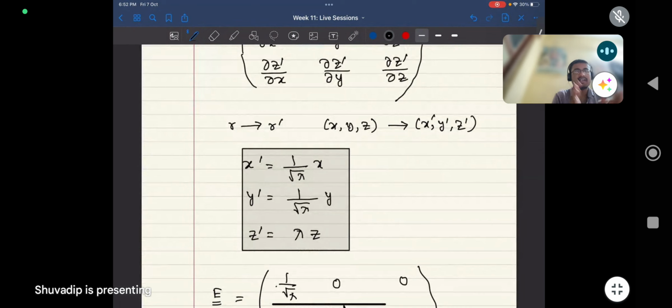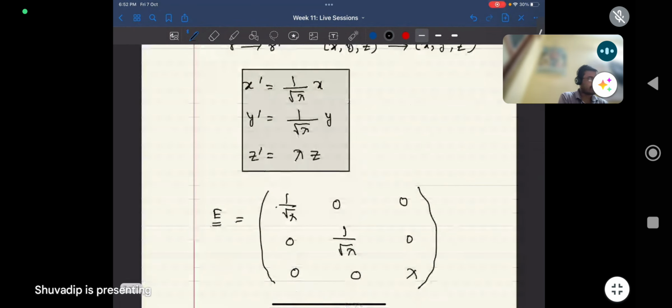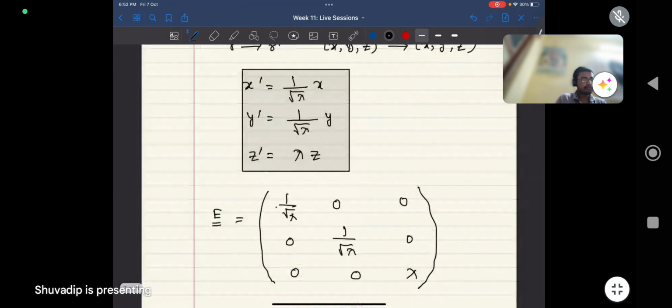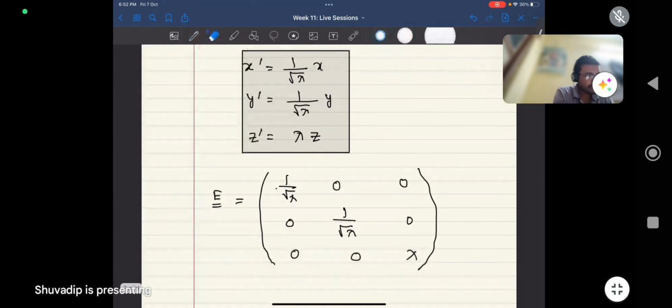Using that relation, we can calculate the deformation gradient tensor, and we can see that the non-diagonal terms are 0. Only diagonal terms are there: 1 by root lambda.